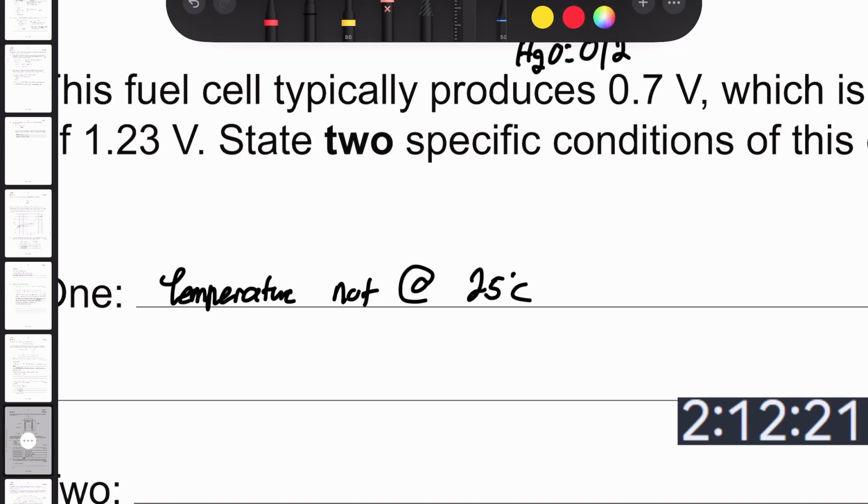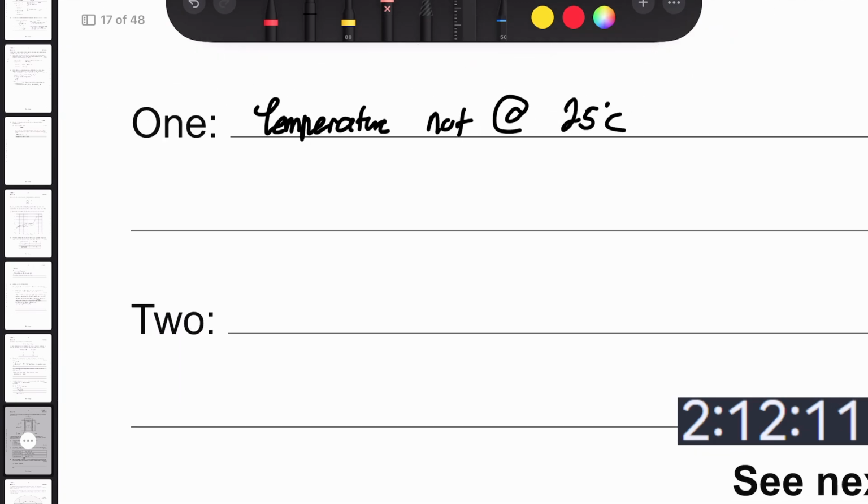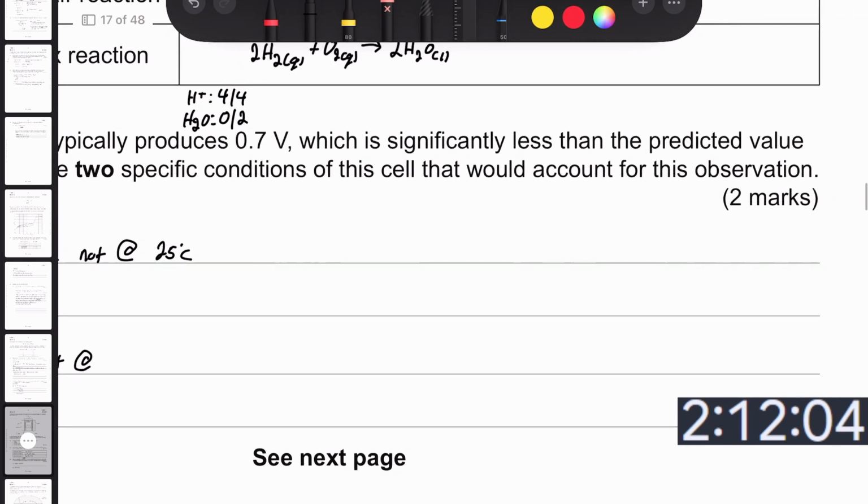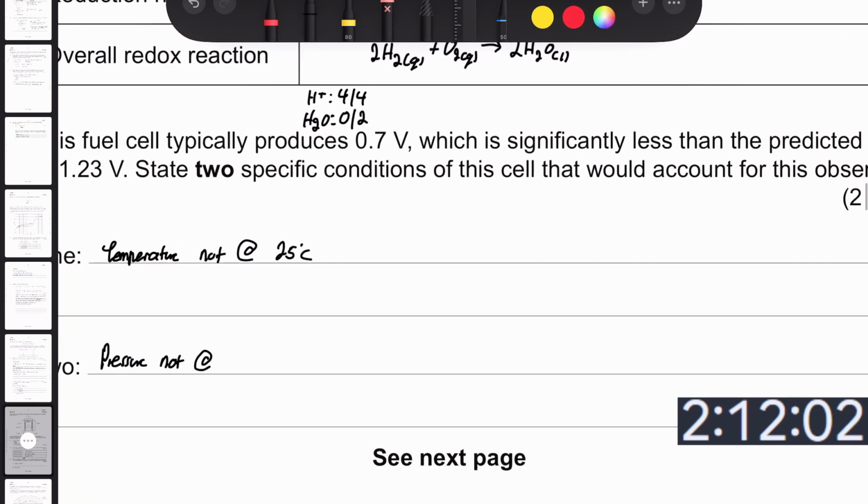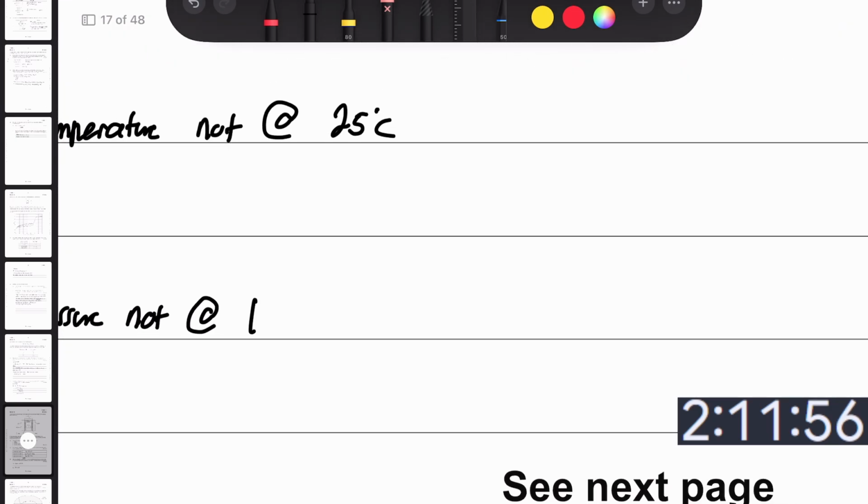Is it that my pressure isn't at 100 kilopascals? And then pressure not at, oh wait, it just says state 2 specific conditions. 100 kilopascals, I think.